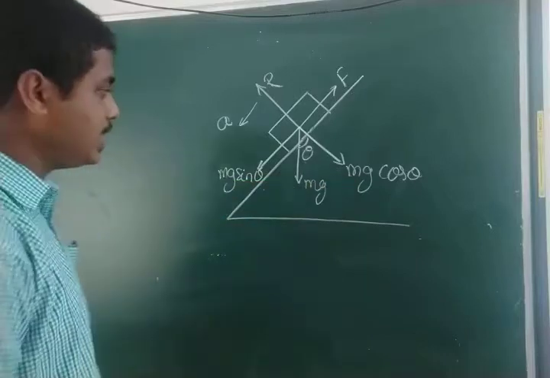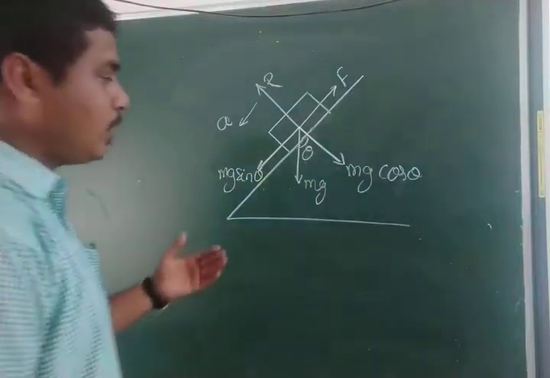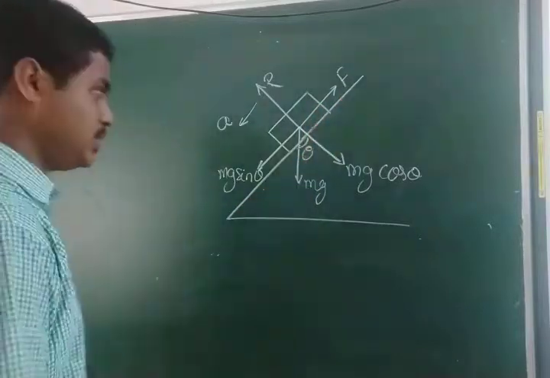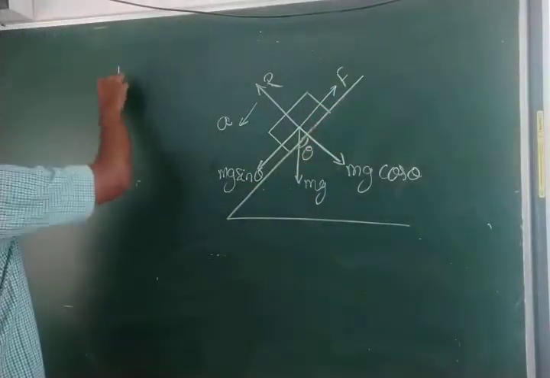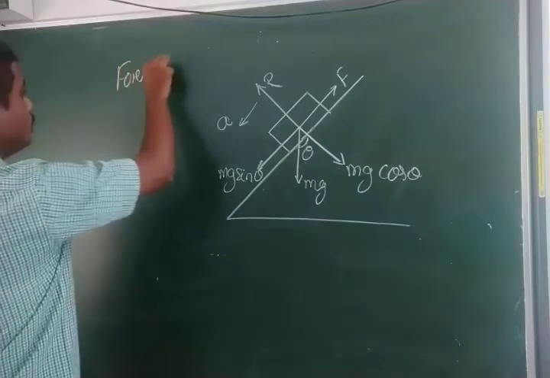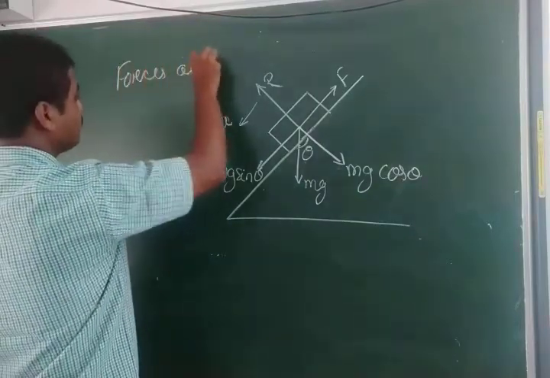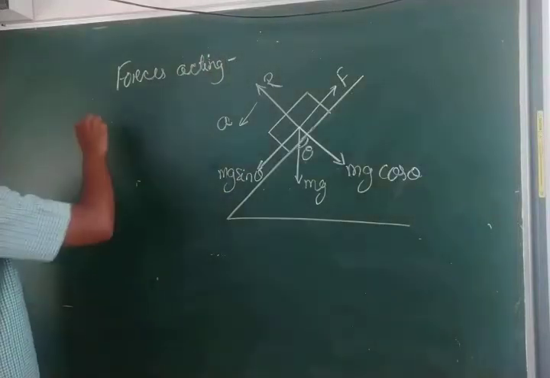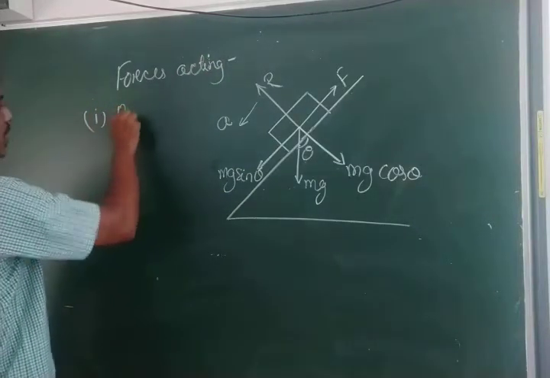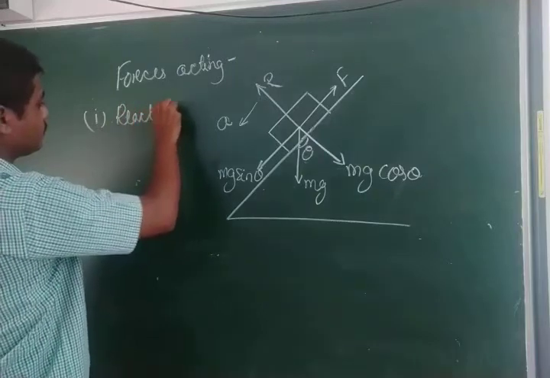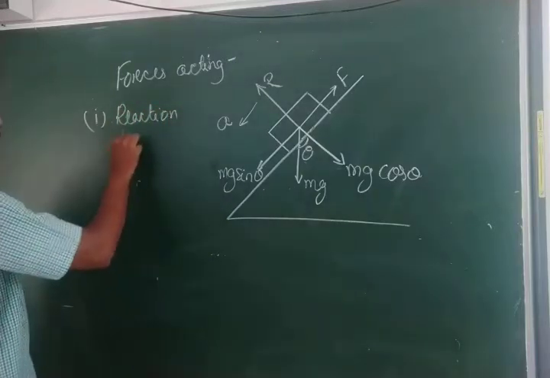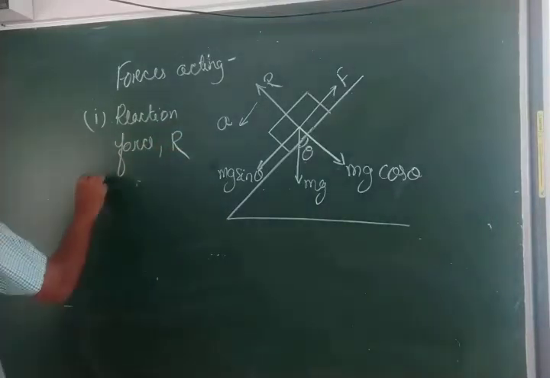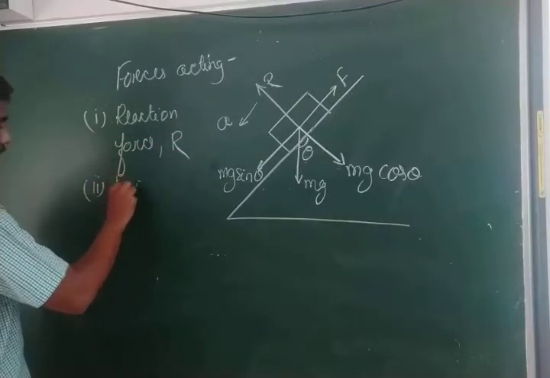So what is the total force acting on the object sliding towards the downward direction? First of all, the forces acting on the object. Number one, its reaction force R. Number two, frictional force.